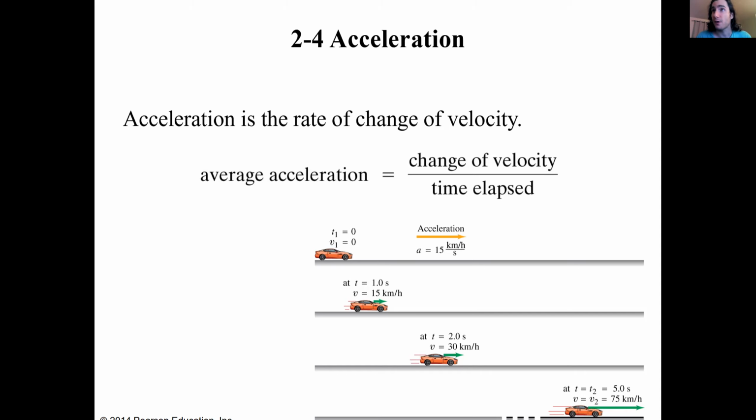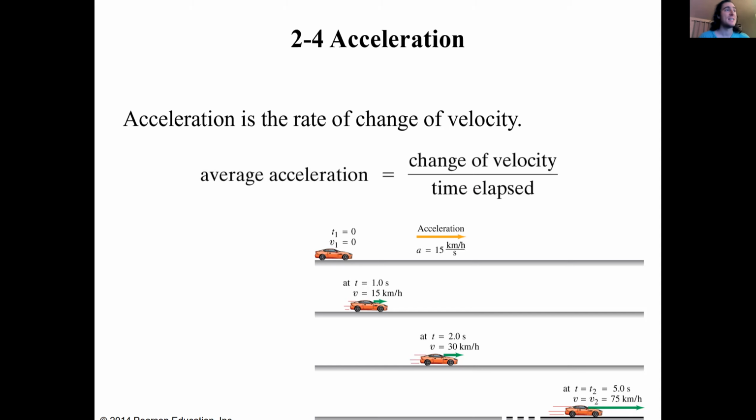Strange units to use for acceleration. Most often we will use meters per second divided by seconds. Another way of saying that is meters per second squared. That can be a little bit confusing for newer students when they first encounter acceleration, so we'll try to write it as meters per second divided by seconds.